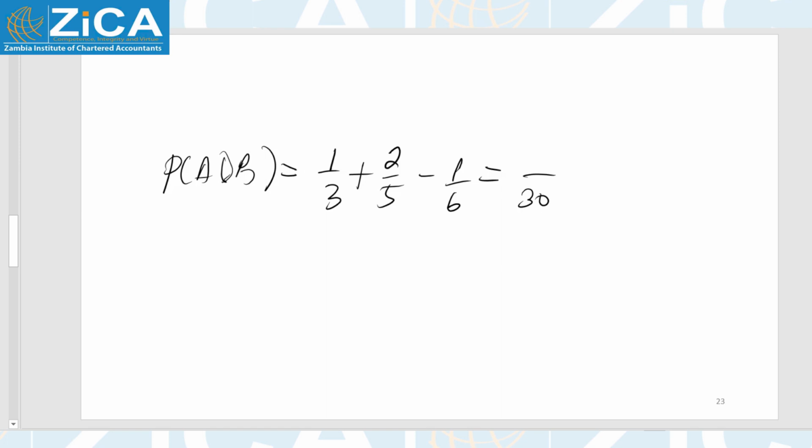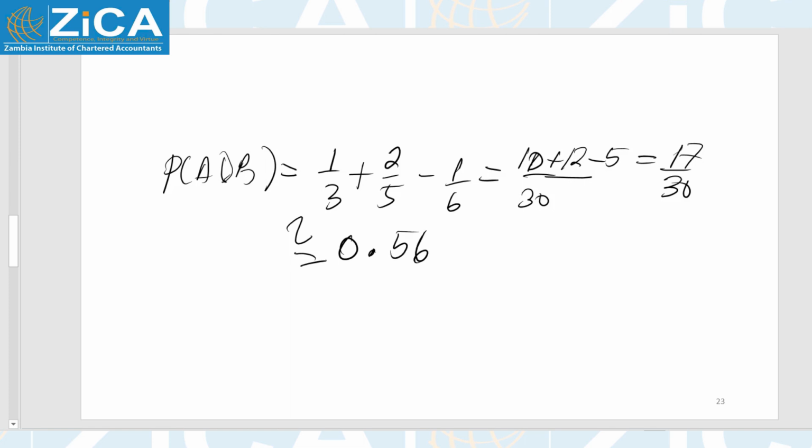And you have 10 plus 12 minus 5, and this will give us 17 over 30. Others will want to put it in decimal places, in most cases to 3 or 4 decimal places, that is 0.5667 is the correct answer.